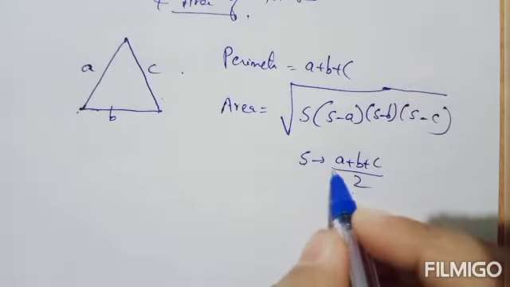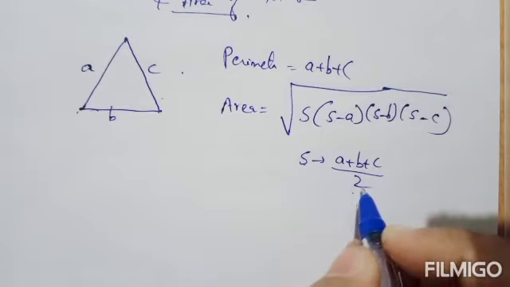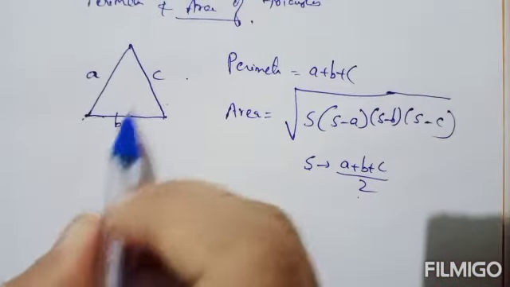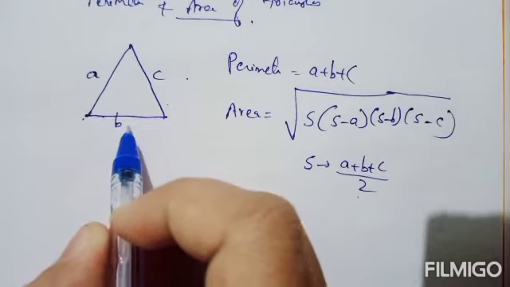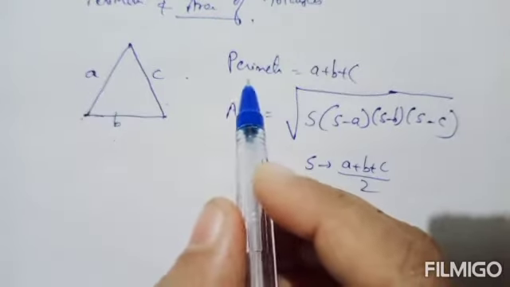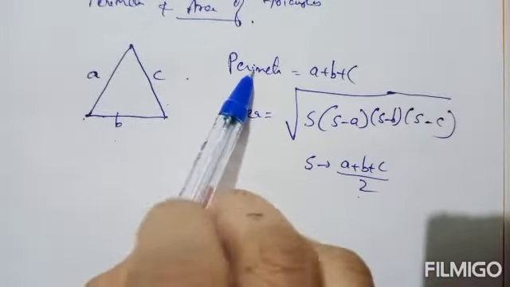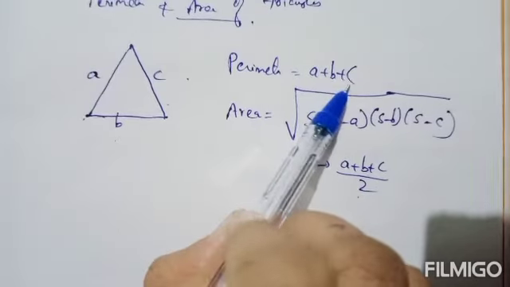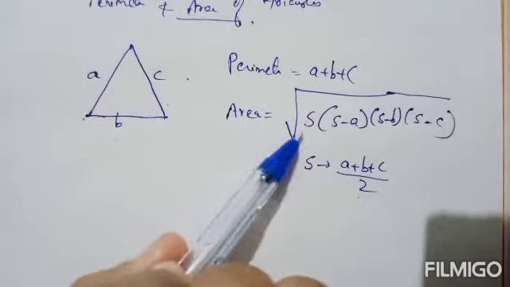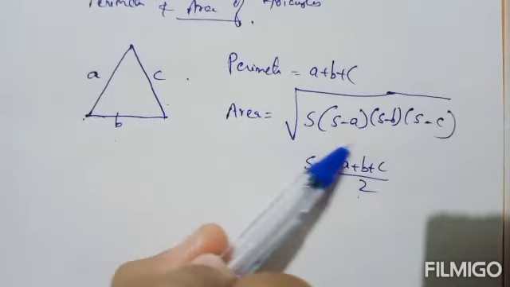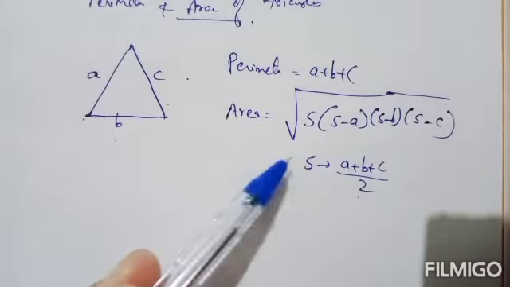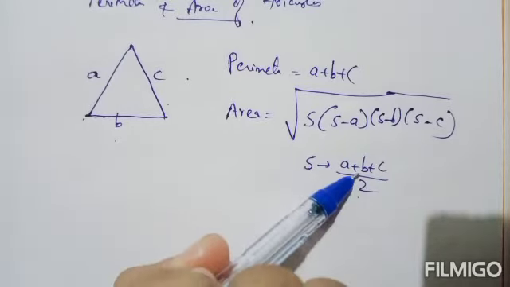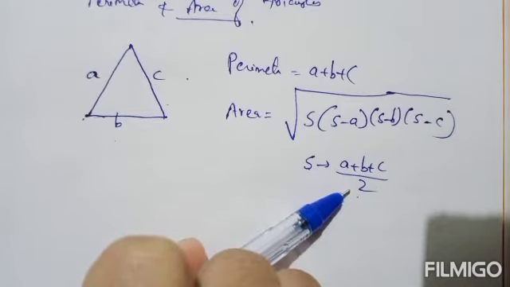That is S equal to A plus B plus C by 2, where A, B, C are the sides of the triangle. So if three sides are given, perimeter equals A plus B plus C. Area equals root of S into S minus A into S minus B into S minus C, where S is A plus B plus C by 2. That is half perimeter or semi-perimeter.